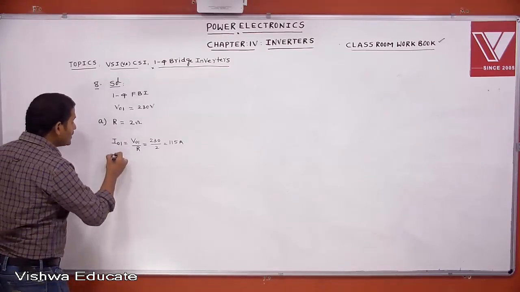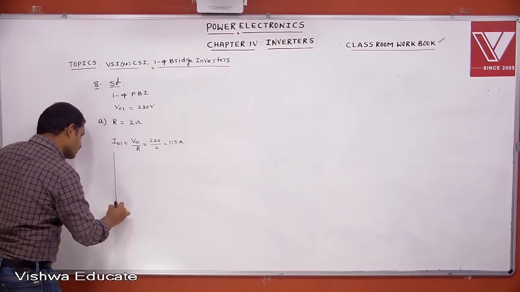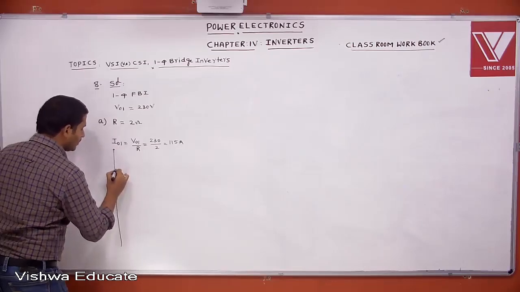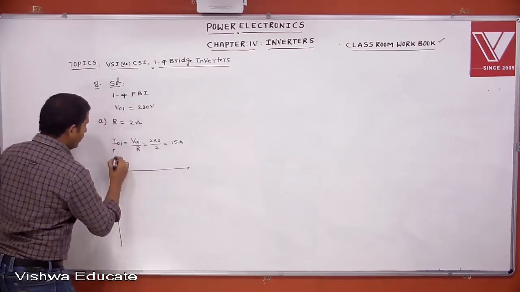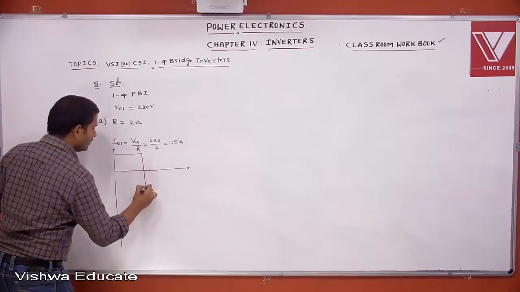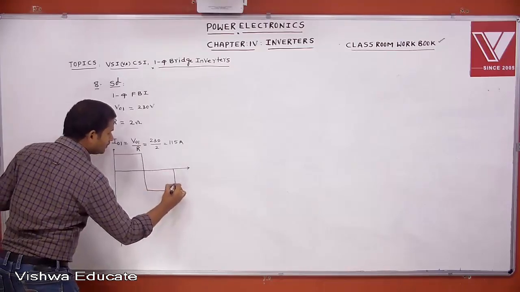Then for a purely resistive load, if you draw the waveforms, you know that this is the V0 waveform.